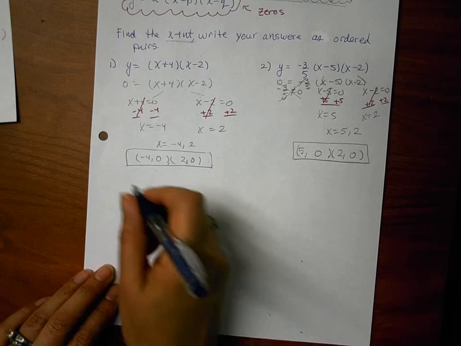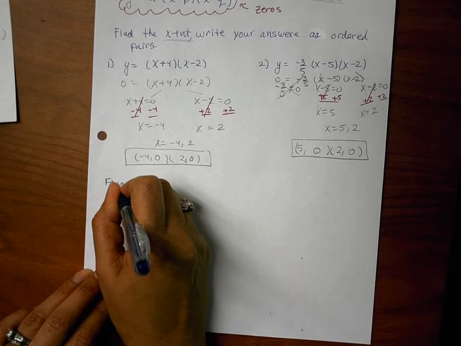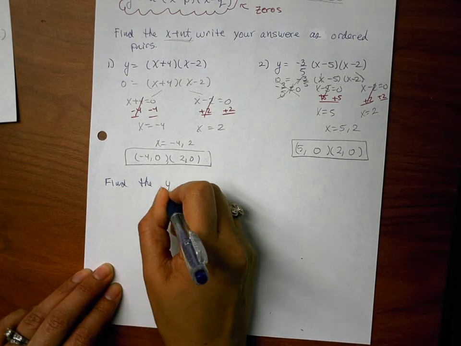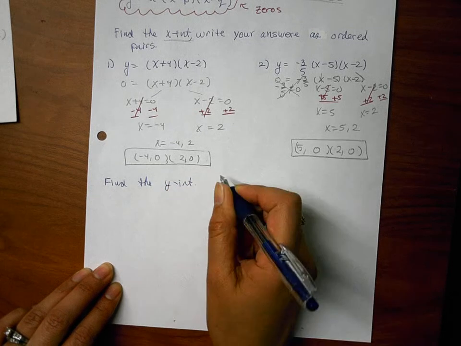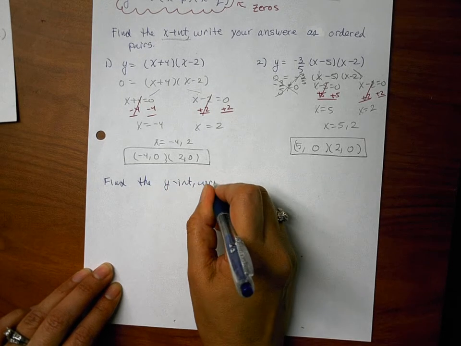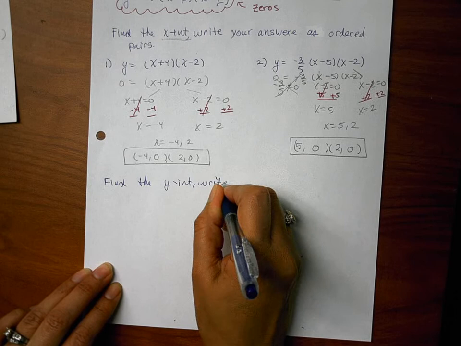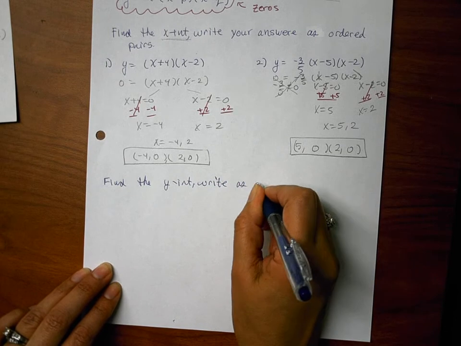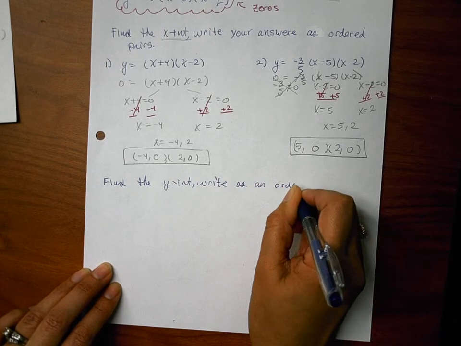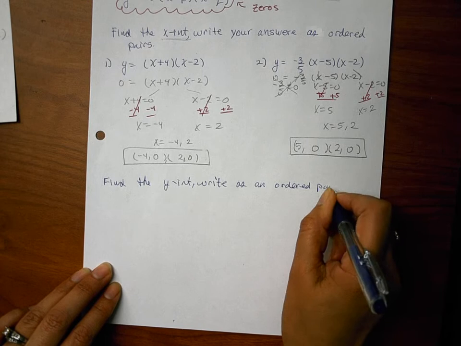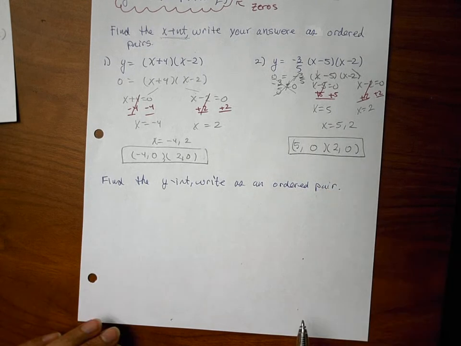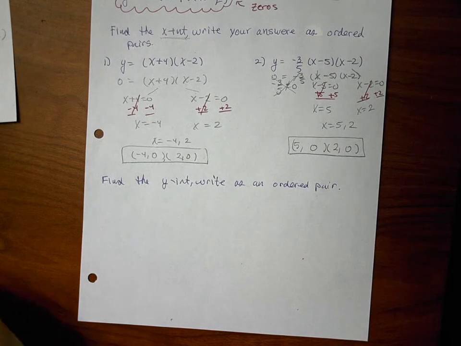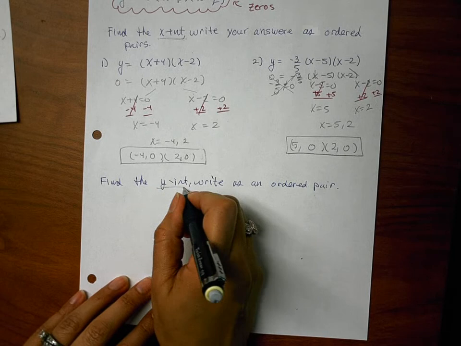Okay, next piece, we're going to find the y-intercept, and we're also going to write it as an ordered pair. And how do we find y-intercepts?